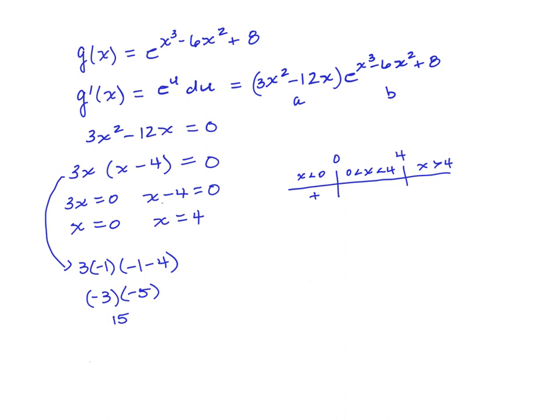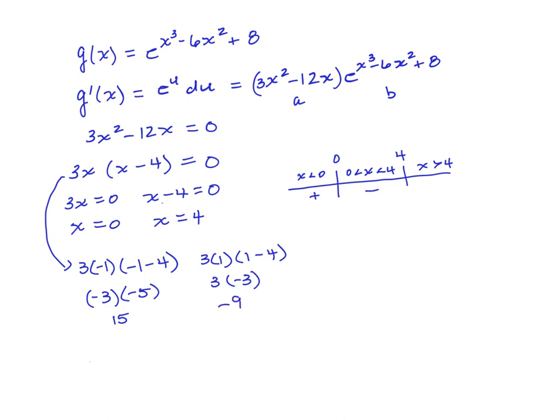Now on the next interval, 0 to 4, we could choose 1. 1 is between 0 and 4, so I could say 3 times 1 times 1 minus 4. 3 times 1 is 3, and 1 minus 4 is -3. That's going to give me -9.